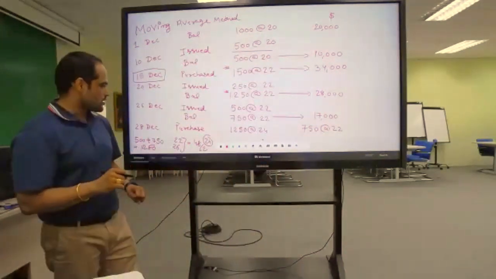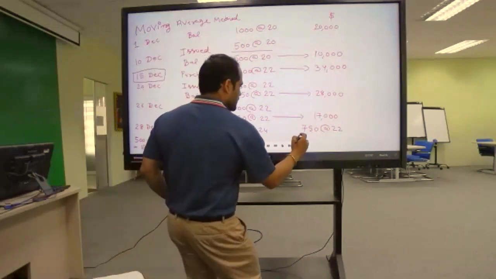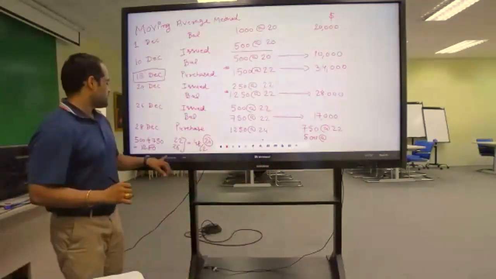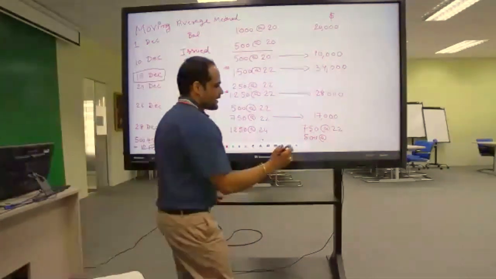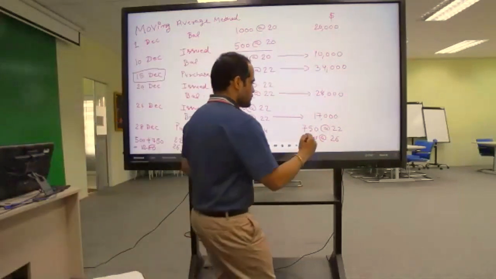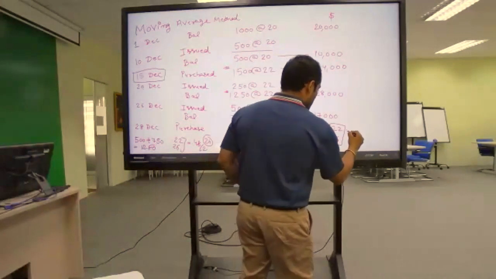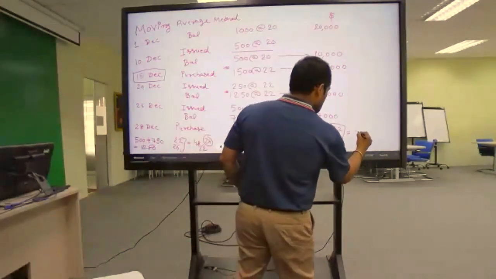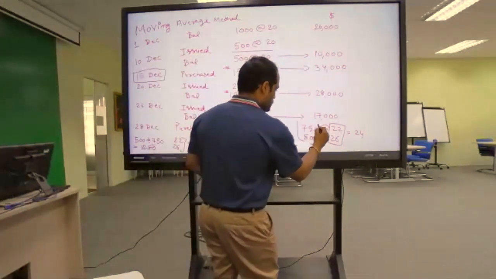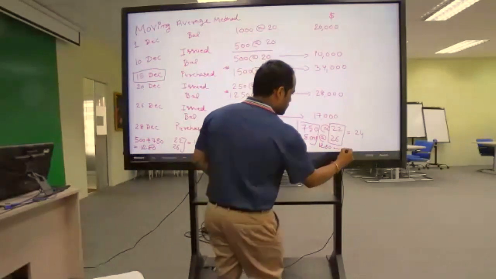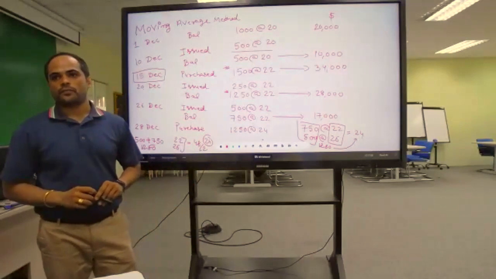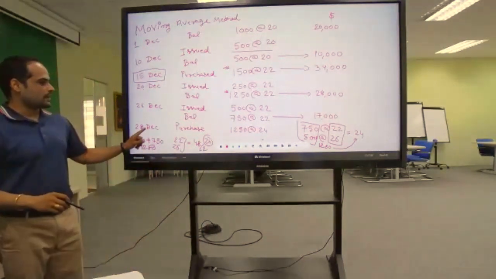As per question, we purchased 500 at 26. If we calculate the average, the average will be 24. So 1250 at 24. So the balance on 28th December.